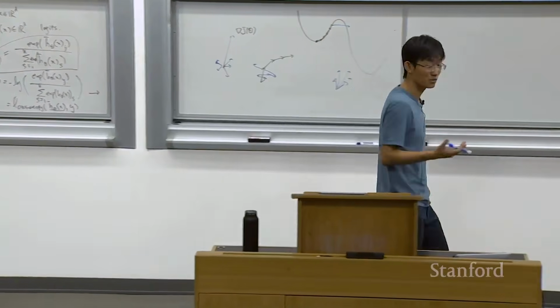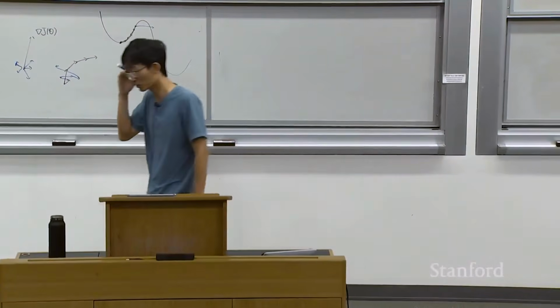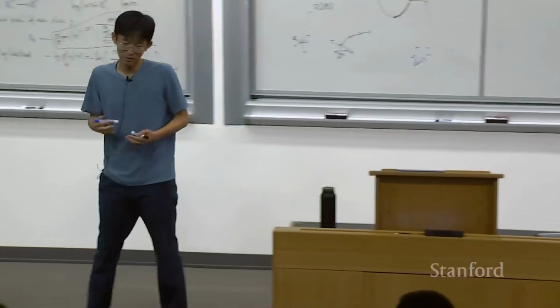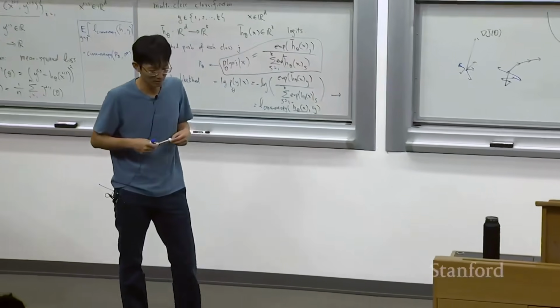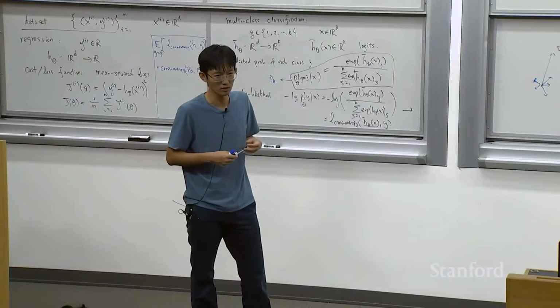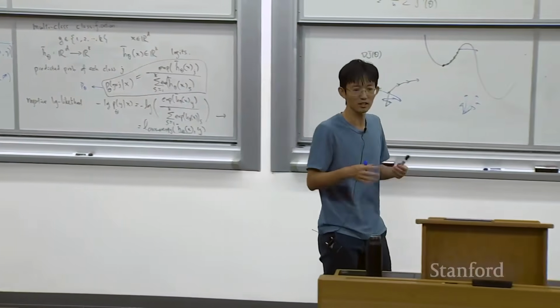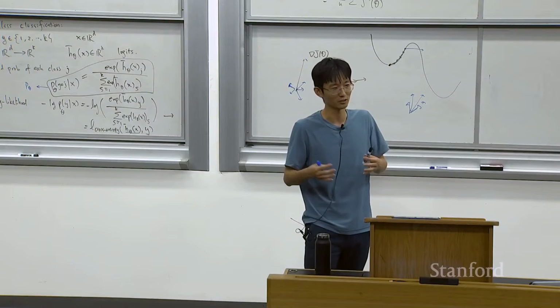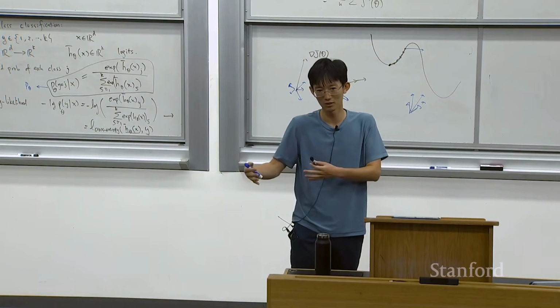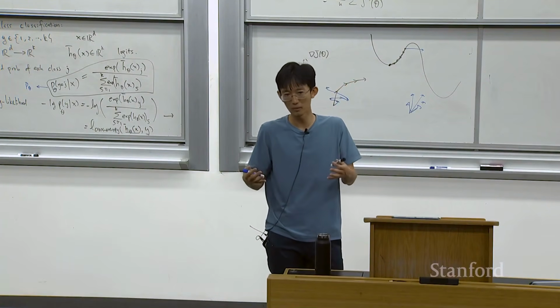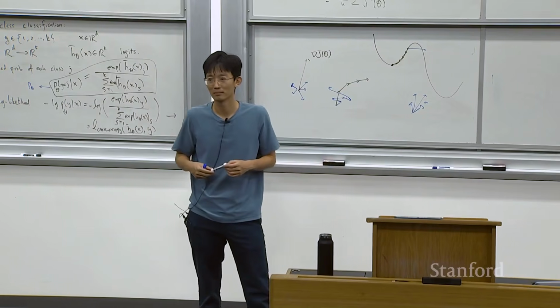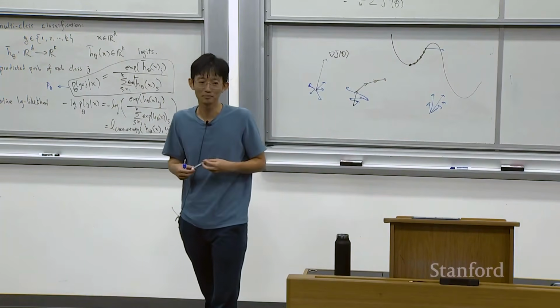In some cases you can compute this. In one of my papers, we try to compute the number of local minima using this. In differential geometry there's something called the Kac-Rice formula, and not only my papers but many other people's papers use it. In certain cases you can count, and you find that the number of local minima is the same as the number of global minima, but generally it's very hard to count.